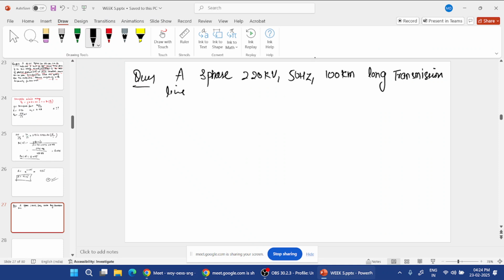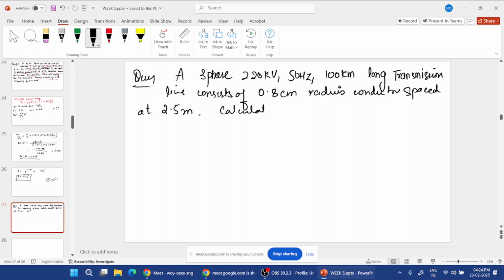Transmission line consists of 0.8 centimeter radius conductor spaced at 2.5 meter.